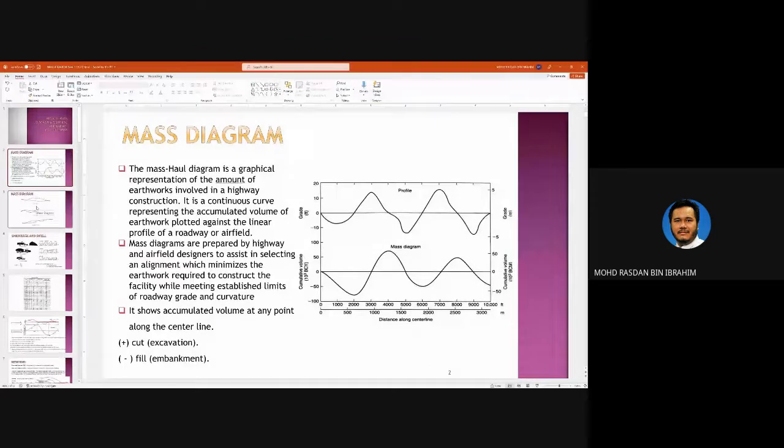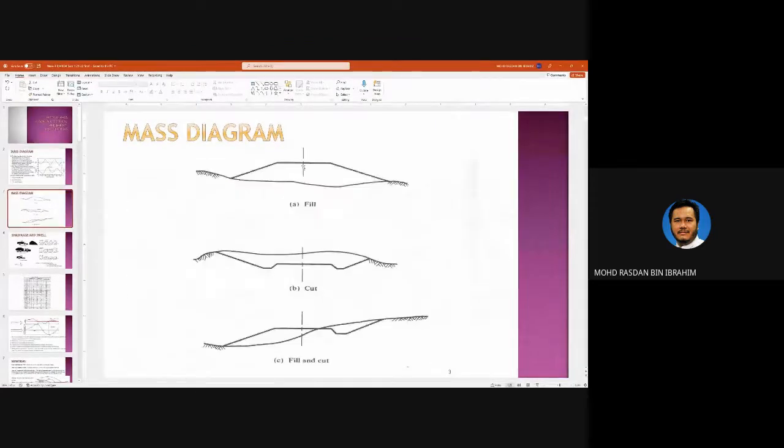When you cut it, you're going to have cross sections like this. This is an entirely fill segment of a cross section, this is an entirely cut segment, and this is where both cut and fill are involved.